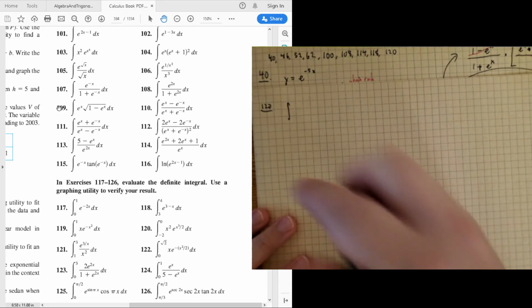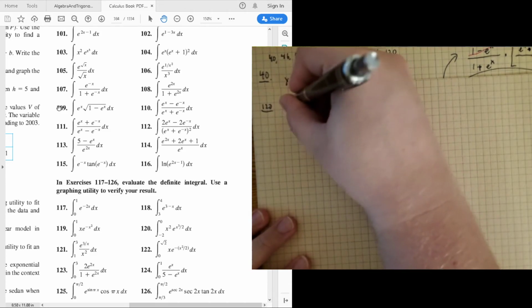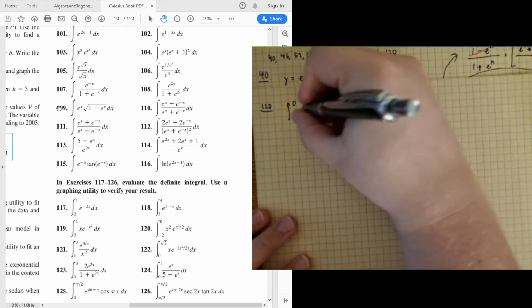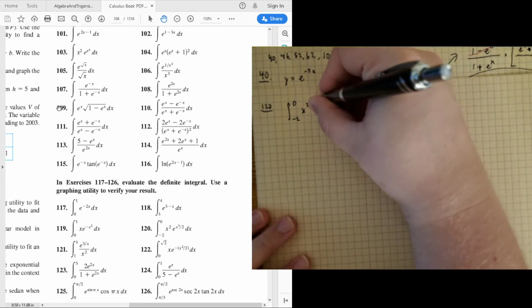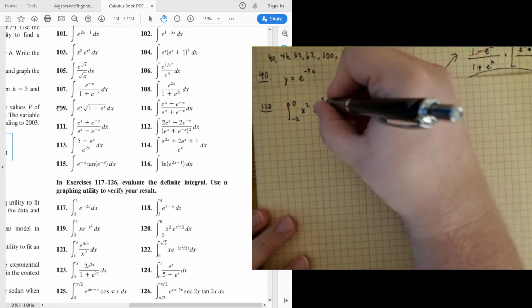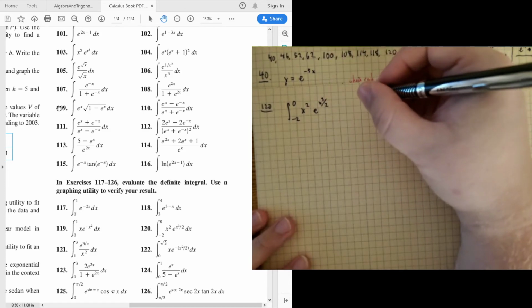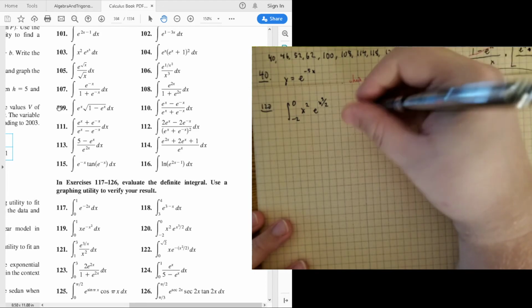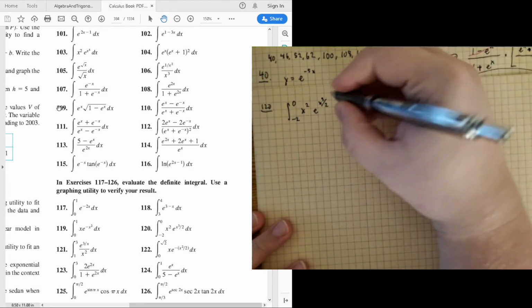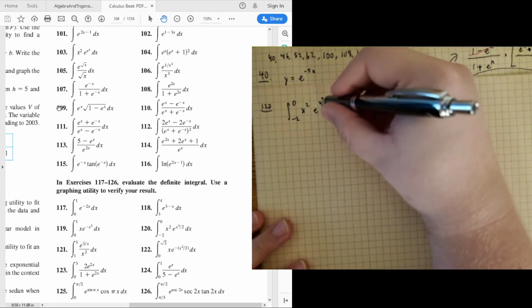Integral from -2 to 0 of x squared e to the x cubed over 2 dx. No, this is not 3 over 2, it's x cubed over 2.